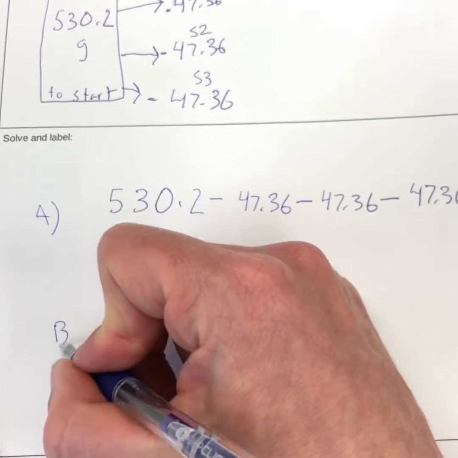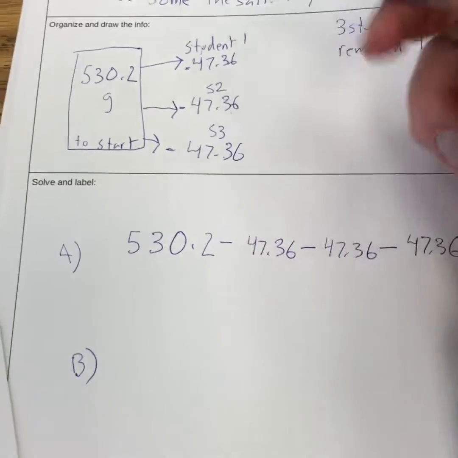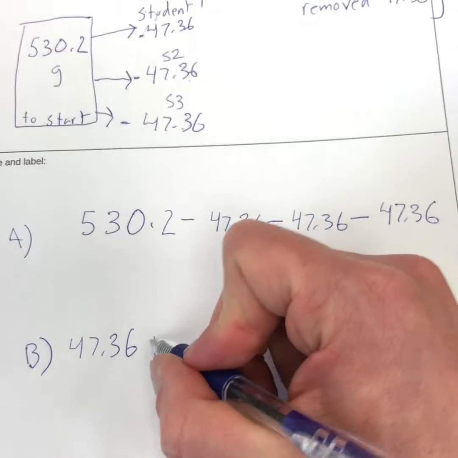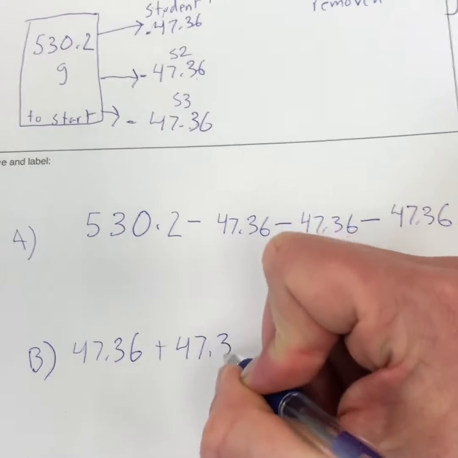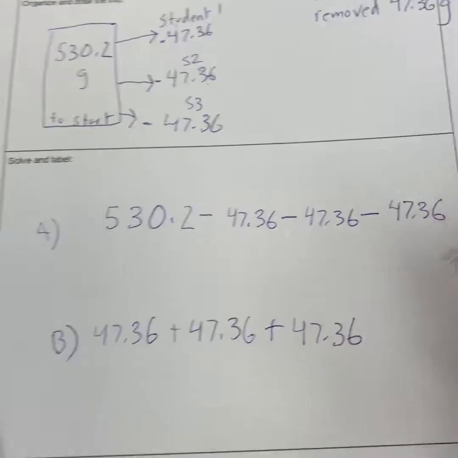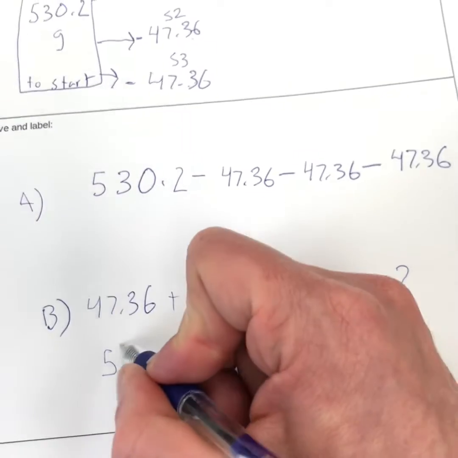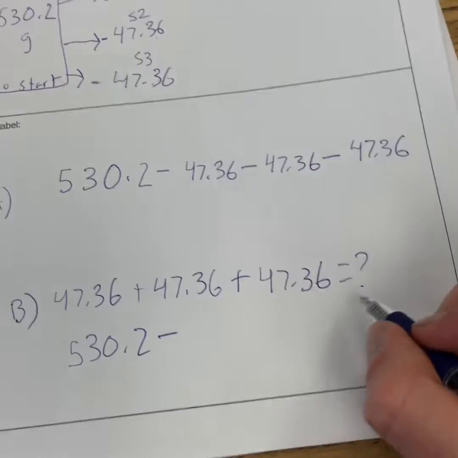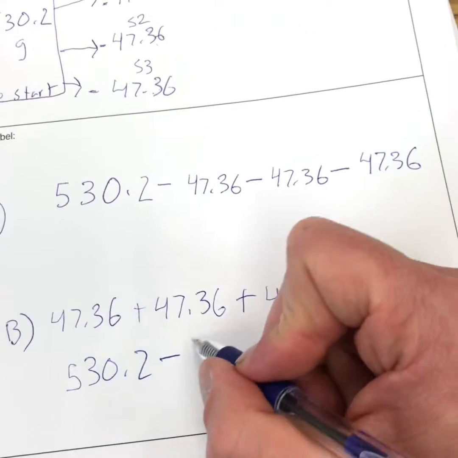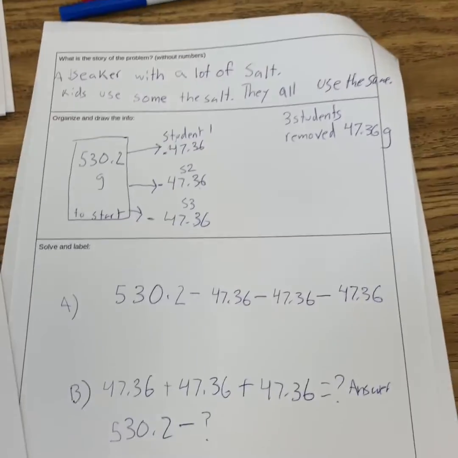Or I could add these up, right? 47.36 plus 47.36 plus 47.36. And then, whatever that equals, I could do 530.2 minus the answer, right? Minus that question mark. So either one of those will get you the answer.